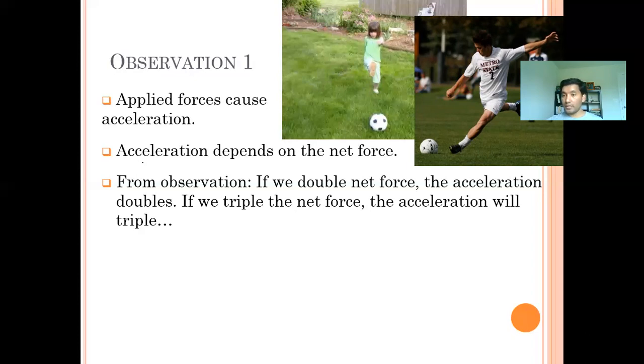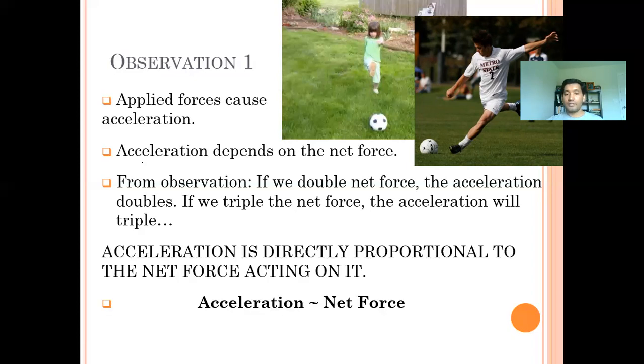If you triple the force, acceleration will triple. If you increase the force 4 times, acceleration will be 4 times, right? It means acceleration is directly proportional to the net force acting on it. So acceleration is proportional to, this is the proportionality sign right here, the net force.